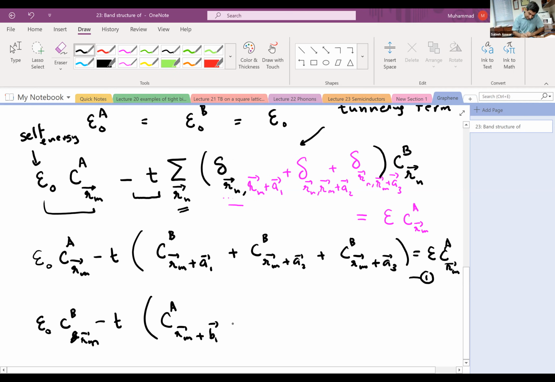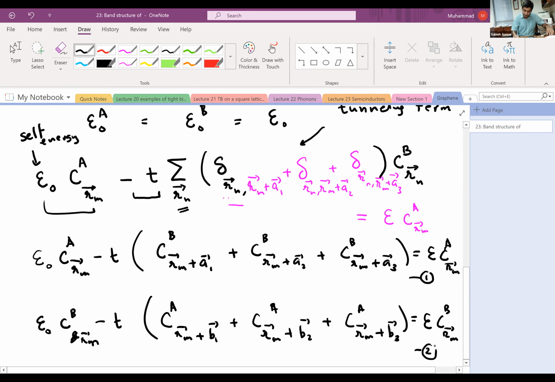So here I have C_(Rm+b1),A plus C_(Rm+b2),A plus C_(Rm+b3),A. This equals E C_Rm,B. This is my second equation.